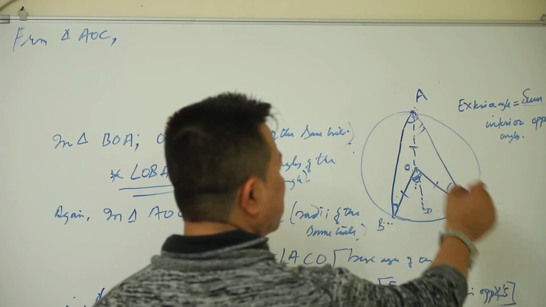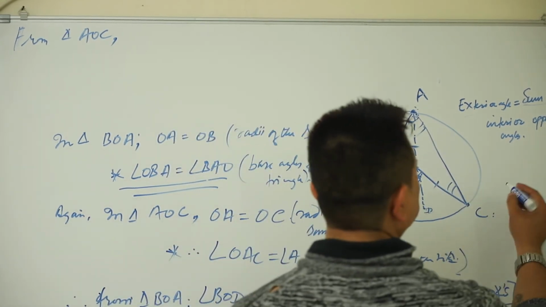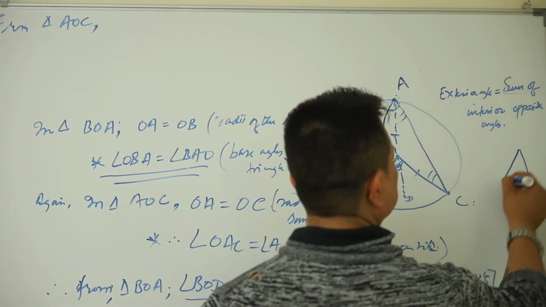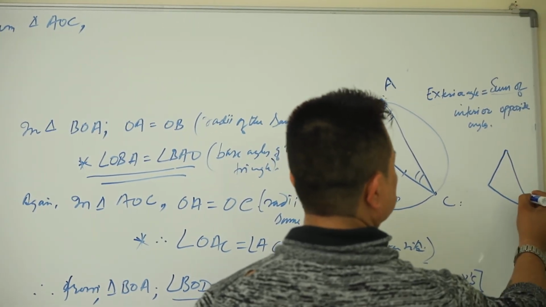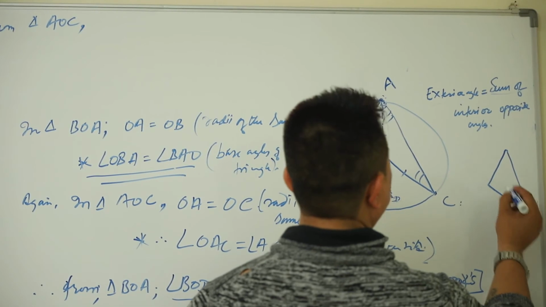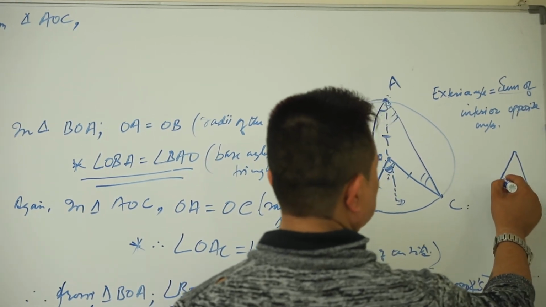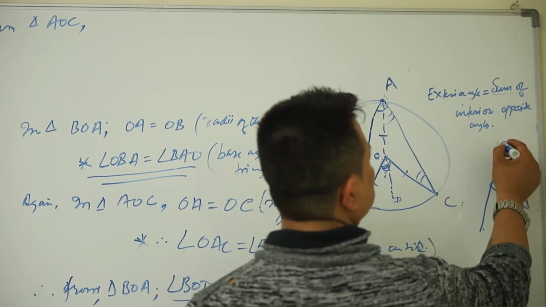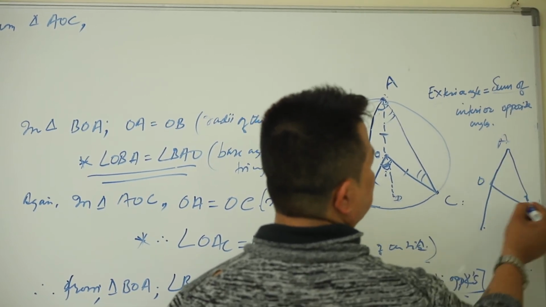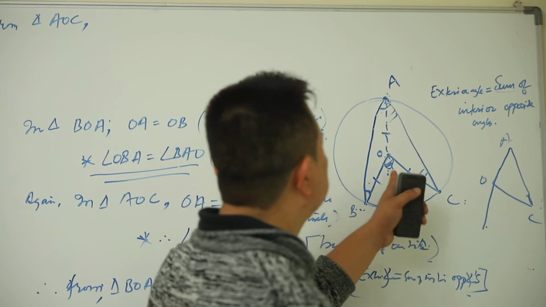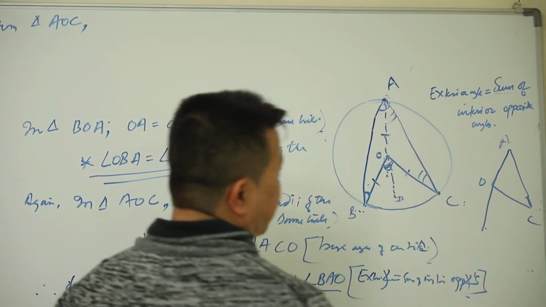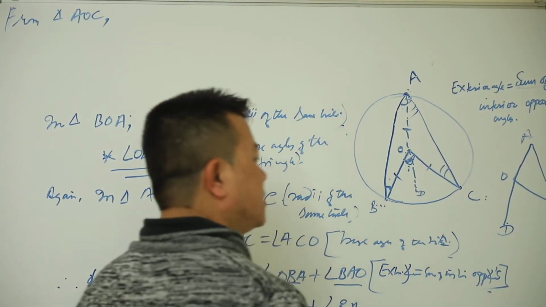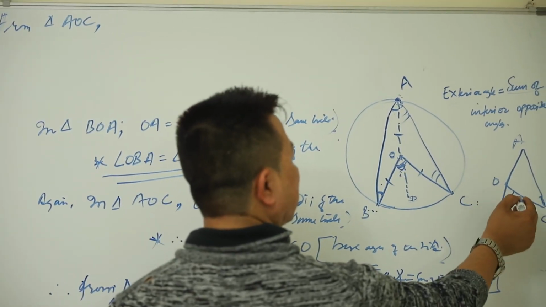Look at triangle AOC properly. I will make the diagram here. Okay, this is AOC, for example. Now this diagram is like this. Now here AOC and the name is D. Now check here, there is an external angle.